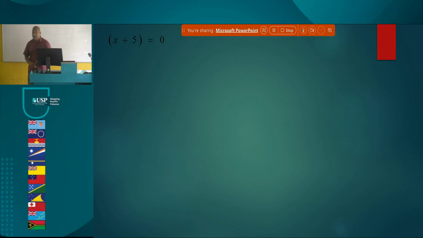Now, if we use the factor theorem, x plus 5 equals 0. So that means our x value is negative 5. If you substitute negative 5 into f(x), someone look it up, what do you get? Okay, let's do it together. What does this give us? Negative 5 squared is 25.